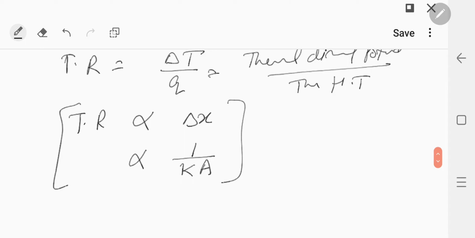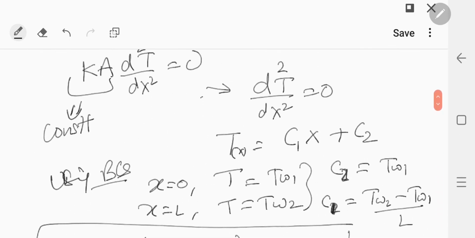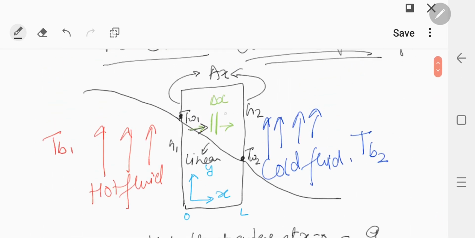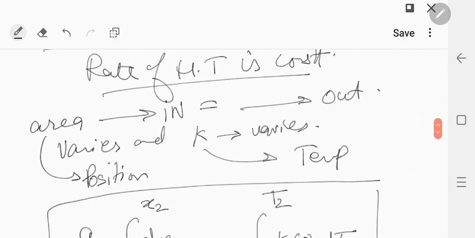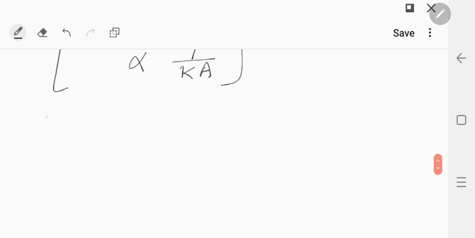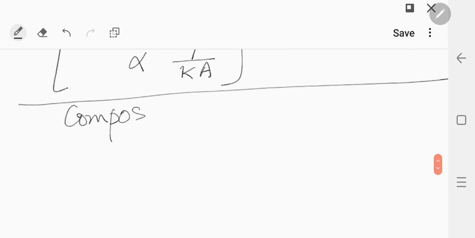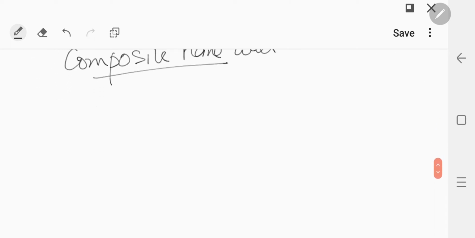Now let's consider a composite plane wall. Suppose this was a case of a simple plane wall. Now suppose we add another plane wall of different material having different temperatures, then the second case is the composite plane wall.